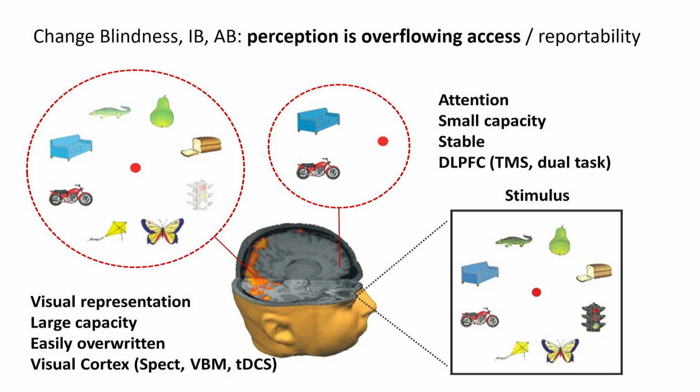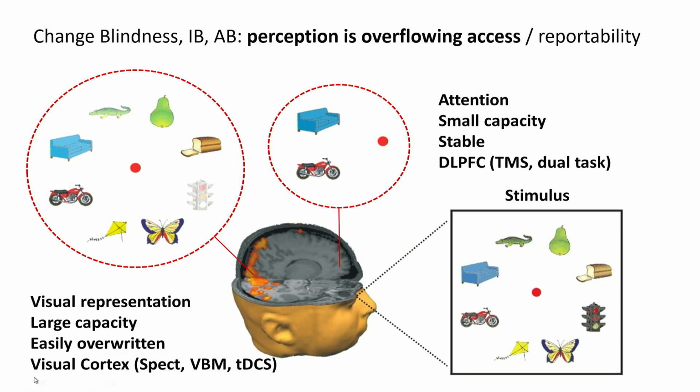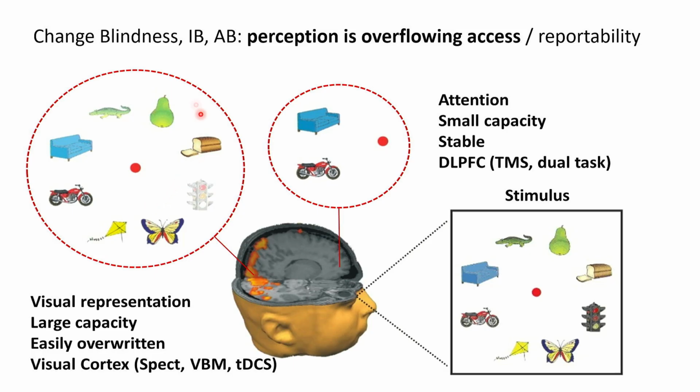So this large capacity representation that you seem to have, according to these fragile memory, iconic memory experiments, which is sitting in the back of the head, recurrent processing theory regards as a remnant of your conscious perception at the moment you saw them. So although easily overwritten, it has a large capacity.